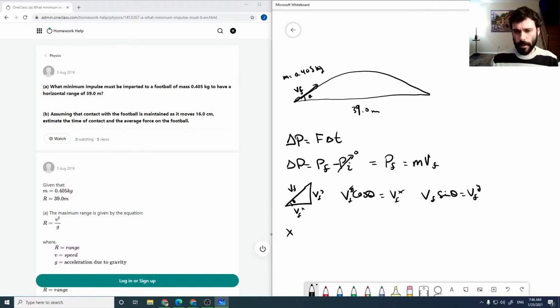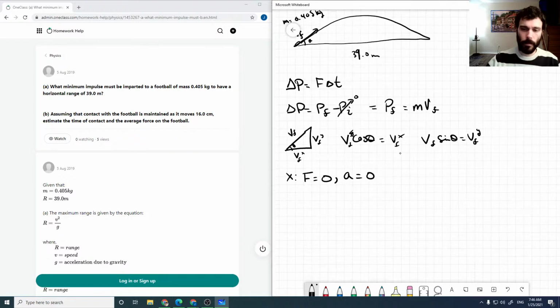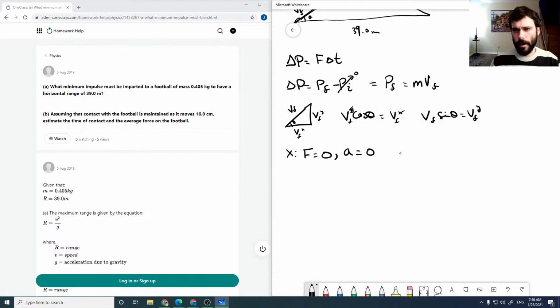Now, if we look in just the X direction, we have all the forces come out to be 0, so then our acceleration is 0. And so then our X, using our kinematic equations, is X naught plus V naught X T, and we don't need to worry about acceleration, and our X naught is going to be 0.